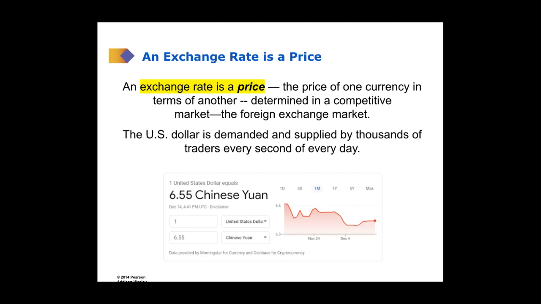So if we look here, we can see this is a few months old. It's from December, but the United States dollar, the exchange rate is 6.55 Chinese yuan for $1. So if you wanted to buy a dollar, you'd need to supply 6.55 Chinese yuan, and if you wanted 6.55 Chinese yuan, you'd need $1.